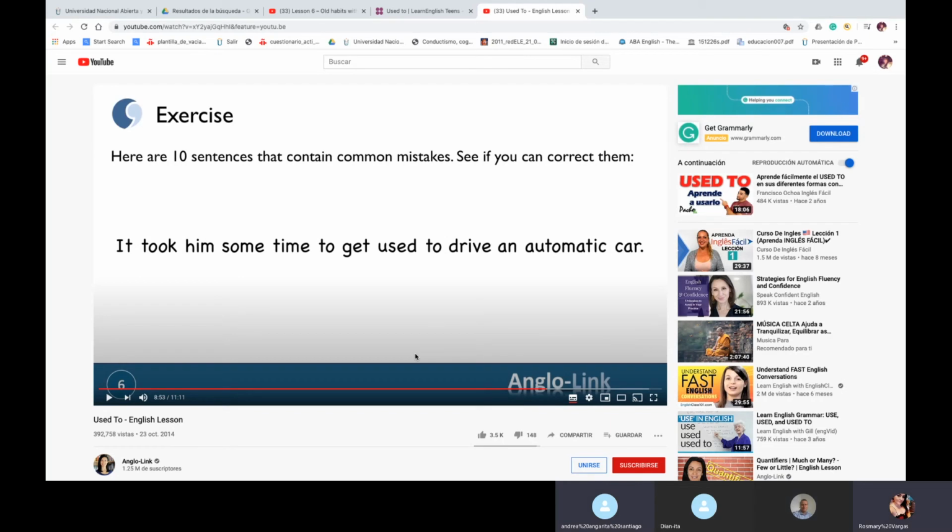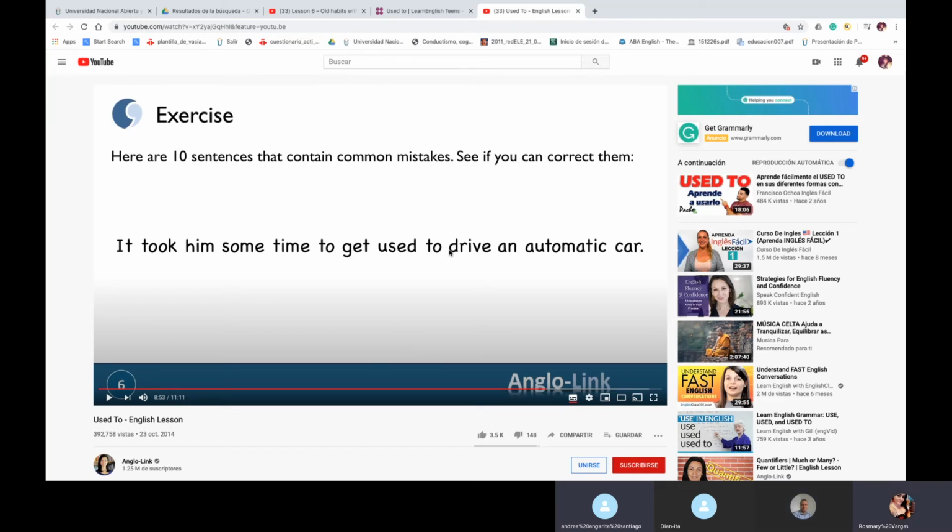Yes, teacher. What do you think is the mistake here? I don't understand. Okay, no problem. Andrea, what do you think? I understood the topic, but I didn't understand what you said. What is the mistake in this sentence? Ah, okay. I drive my automatic car.